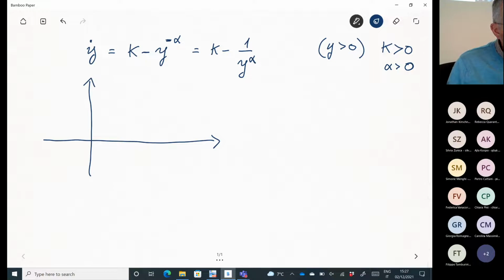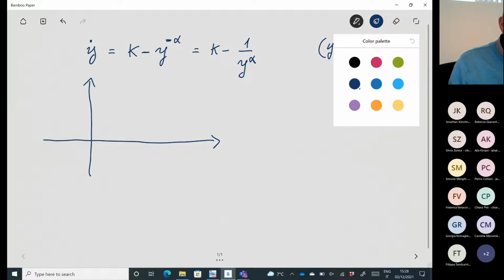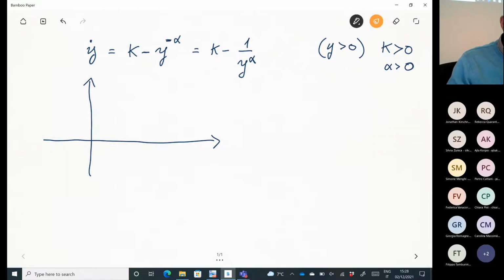Suppose, for instance, I want to represent this function, okay? So 1 over y to the power of alpha, or y to the power of minus alpha, if you remember the elementary functions, is something like this.